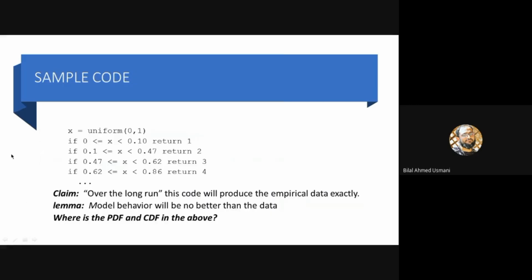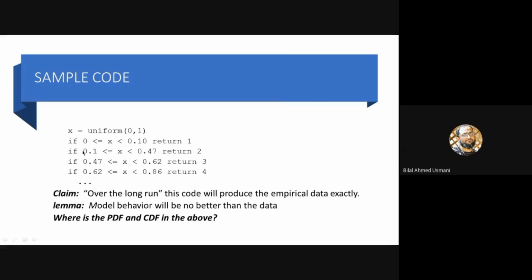Now, what is the simple code? This is a code in different software, but you can write it in R, MATLAB, or Minitab. What it is saying is that if the value of x is between 0 and 0.1, return 1.